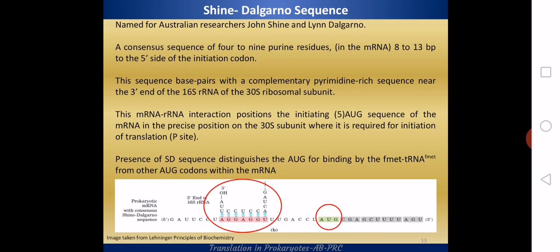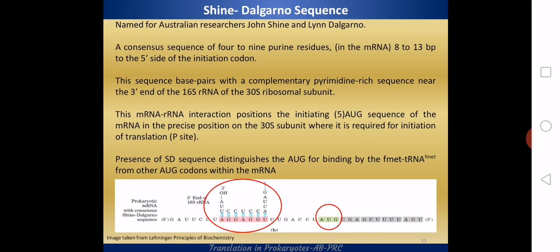Within this 16S rRNA, towards the 3 prime end, there are certain sequences which are pyrimidine rich and are complementary to the sequences at the Shine-Dalgarno site. Clear? So there is an mRNA rRNA hybrid formation, and this is actually helping to position the AUG to the P site.